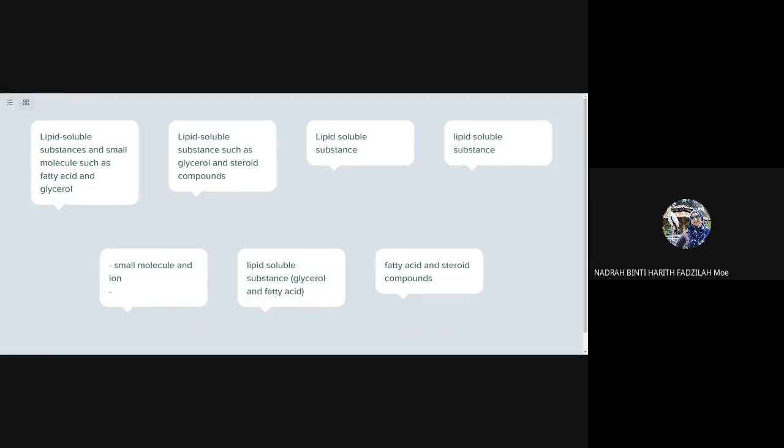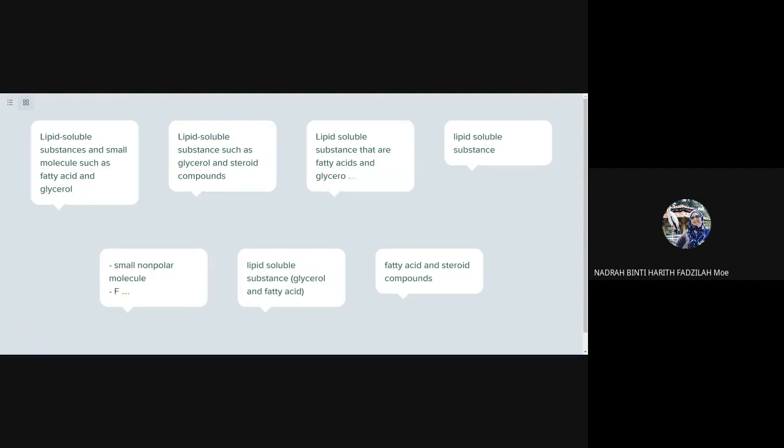Kita mula dengan the characteristic lipid soluble substance, very good. And then the name of the substance such as glycerol, okay, and steroid compounds. Steroid compounds tu substances yang diperbuat daripada kolesterol seperti hormon estrogen, progesterone and testosterone. Okay, tapi kamu dah bagi glycerol tu pun bagus sebab itu memang nama spesifik.